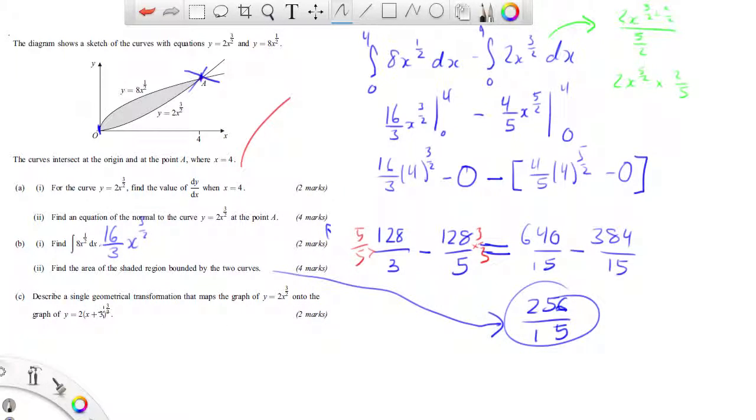Okay, and now finally describe a geometrical transformation that maps the graph of y is equal to 2x to the 3 halves onto the graph of this. Well, if you look at it, maybe I can rewrite this just so you can see. So y is equal to 2 brackets x plus 0 to the 3 halves.